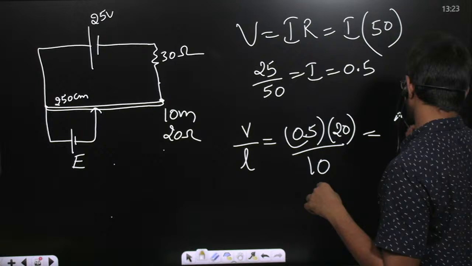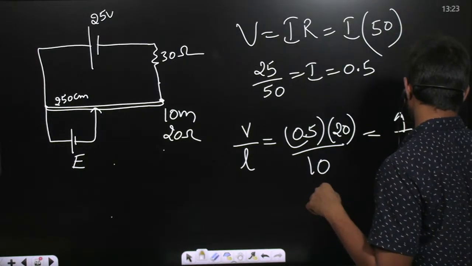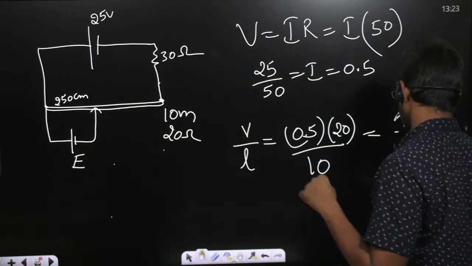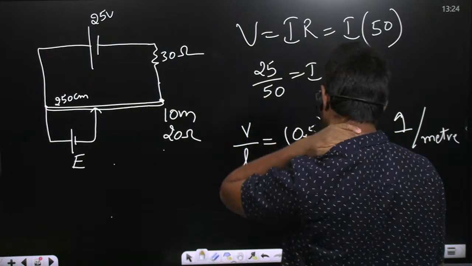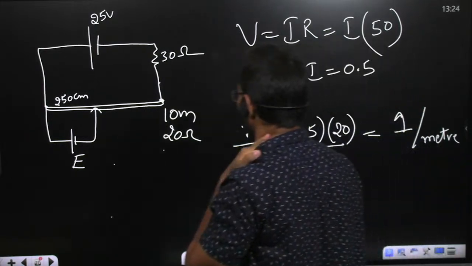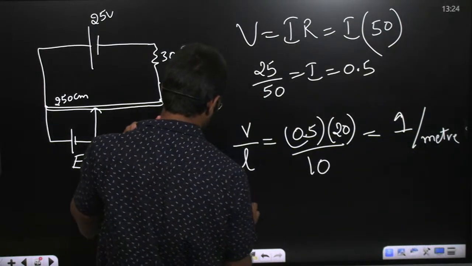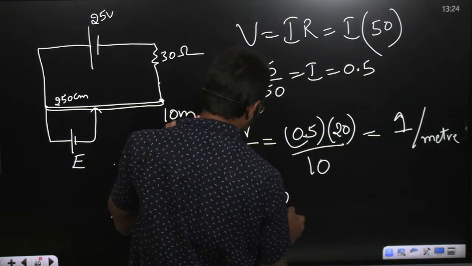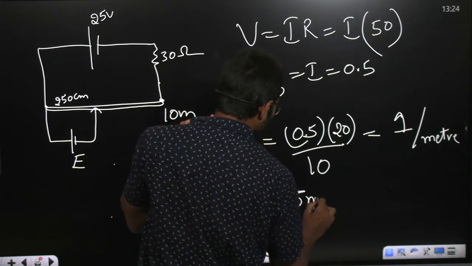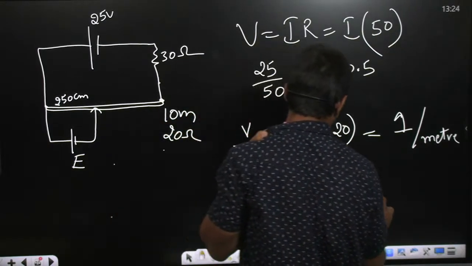It is 1 volt per meter. So for 250 centimeters, that is 2.5 meters, it will be 2.5 volts.